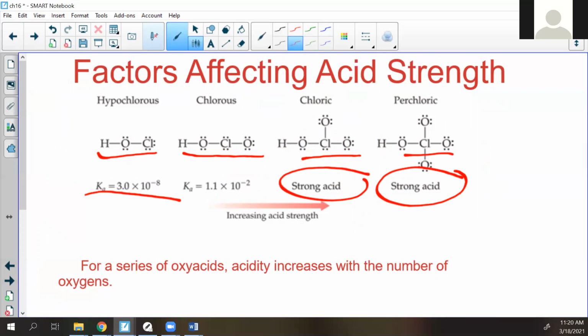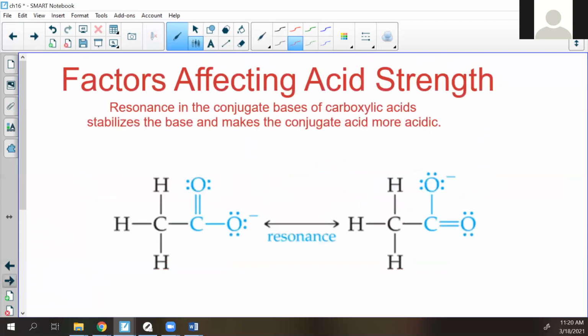So the more oxygens, the more acidic it becomes. Is that because it holds one of the H's away and makes an H plus solution? On half of them, yes.